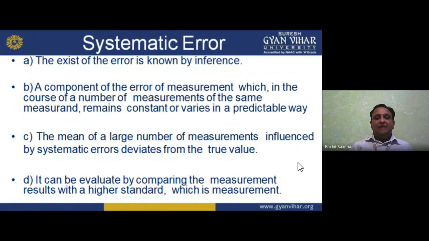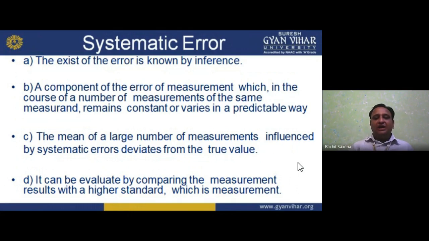It can be evaluated by comparing the measurement results with a higher standard of measurement. So the existence of this error is known by inference. It is a component of the error of measurement which, in the course of a number of measurements of the same measurement, remains constant or varies in a predictable way.